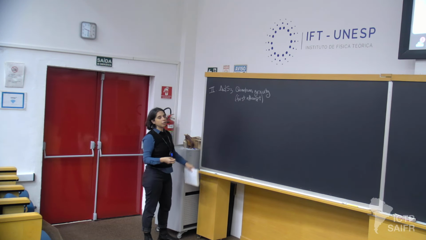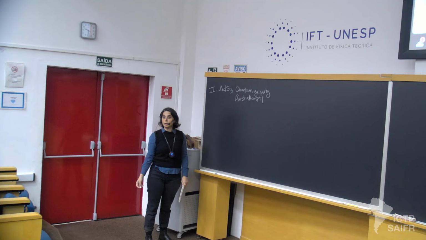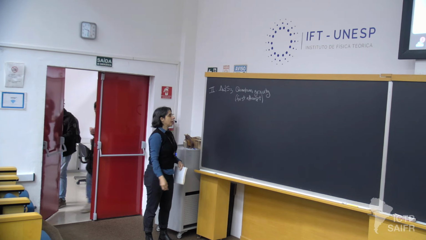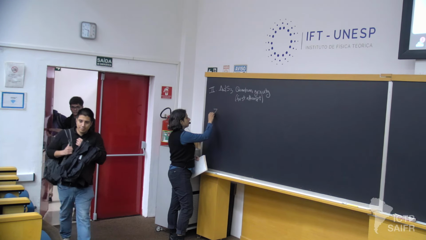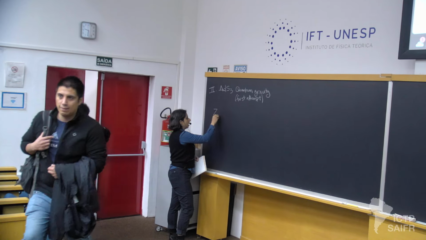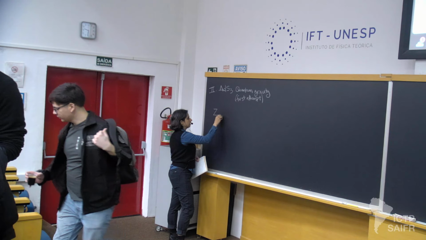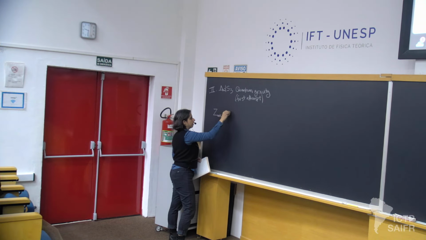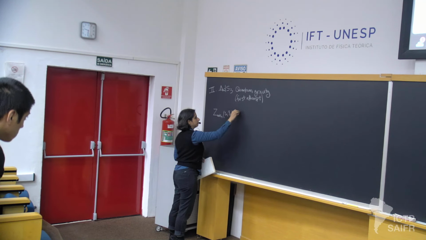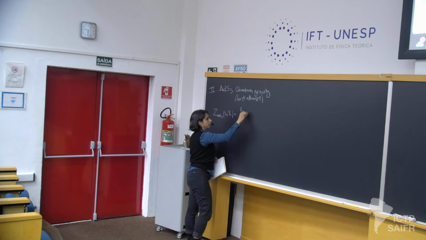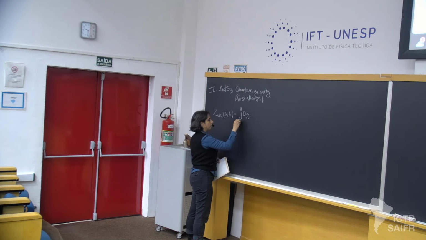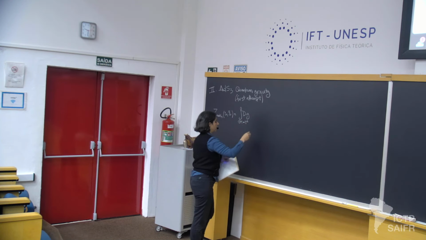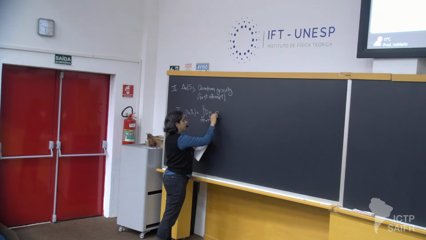We're now moving on to the topic of AdS₃ quantum gravity. And what I was proposing for you to do was a first attempt at computing this path integral as a sum over metrics with a fixed boundary condition, weighted by their appropriate action.